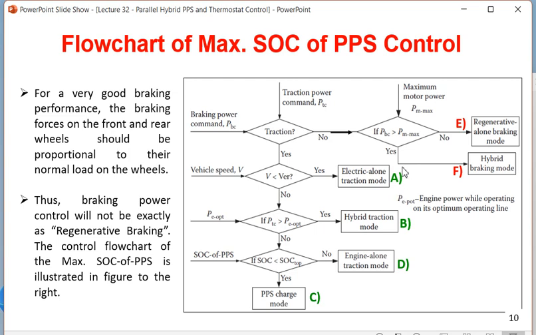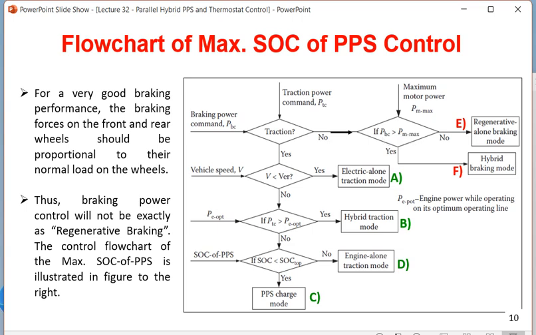So PBC, that means required braking power, whether it is greater than maximum brake generated by electrical system or not. If the answer is no, means smaller amount of braking power is requested. So here maximum motor power, that means maximum braking power input is given. We are just checking whether requested brake power by the vehicle is greater than or less than the electrical braking power.